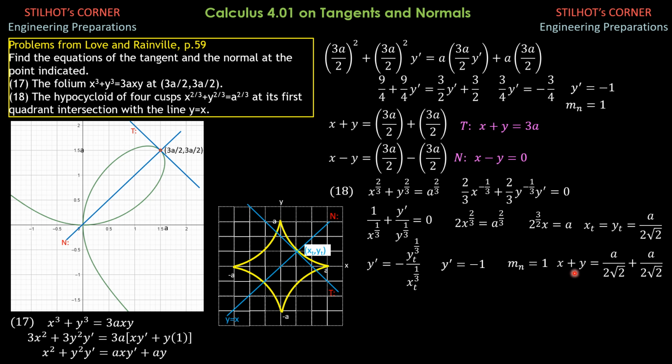So therefore the equation of the tangent is x plus y equals a over square root of 2. For the normal, in the form x minus y equals x sub t minus y sub t, but x sub t and y sub t are equal, therefore this difference is 0. So the equation of the normal is x minus y equals 0.